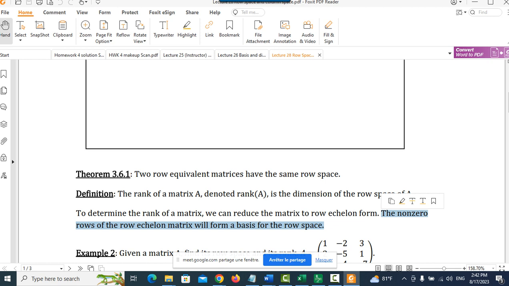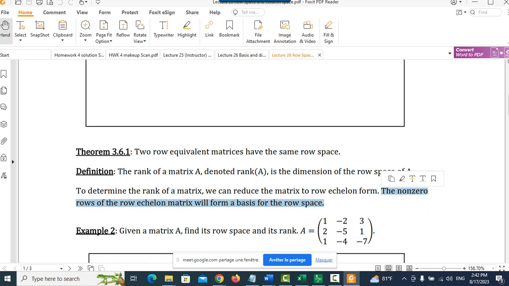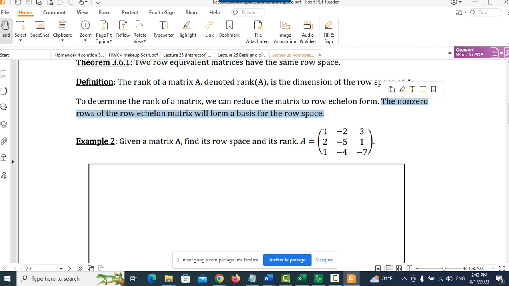So you take a matrix, if you want to determine its rank, you do row echelon form. Once it is in row echelon form, you can determine its rank. The number of non-zero rows will form a basis for that. So let's do the following example. Given a matrix, find its row space and its rank. Okay, so let's do this one.